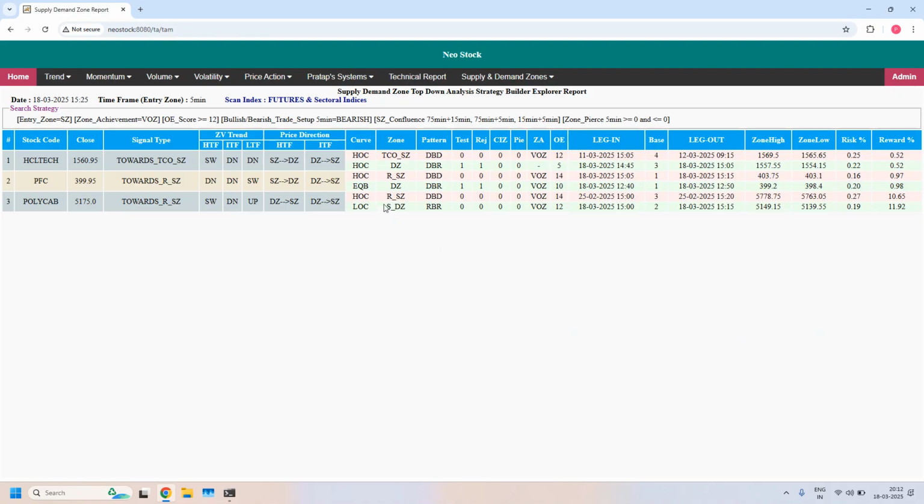In these 3 stocks, these 5-minute supply zones are overlapped with 15-minute supply zone. Both together again overlapped with the 75-minute supply zone. And the 75-minute trend is down in only one stock. If this stock is having EMA confluence, then it might be having more high probability to get success for this 5-minute supply zone.